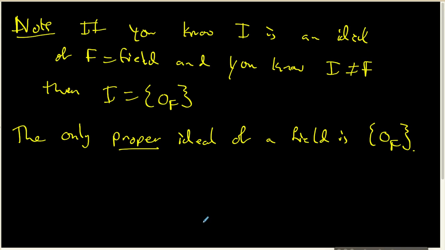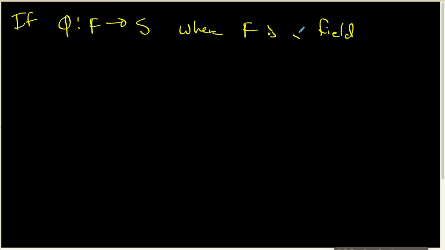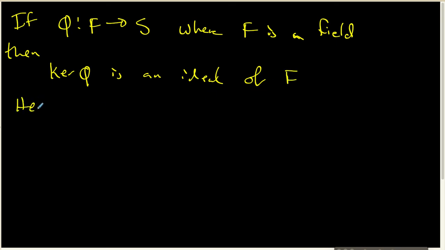And this has one more implication that is worth noting. If we look at phi being a ring homomorphism from field F to any ring S, then we already know that the kernel of phi is an ideal of our field F, and hence one of two things happens.